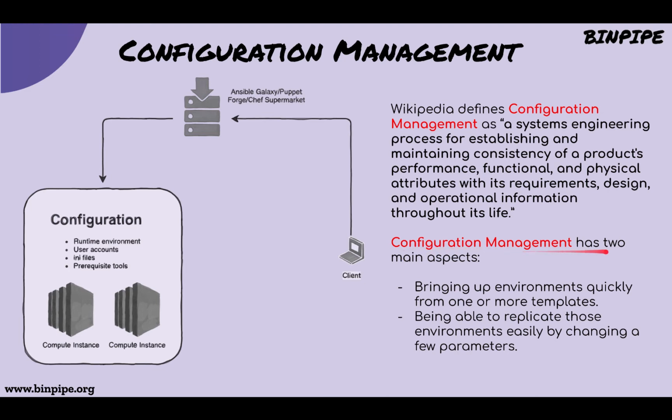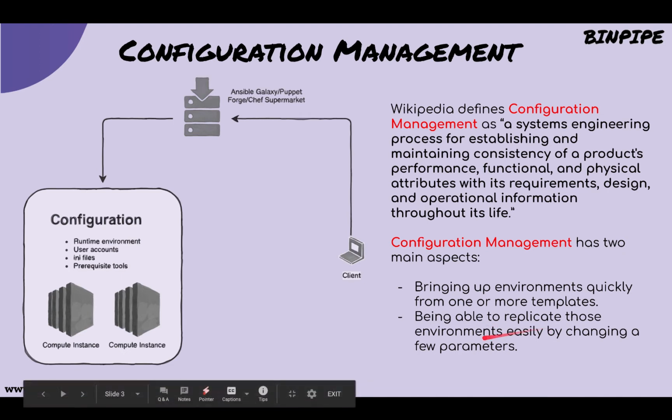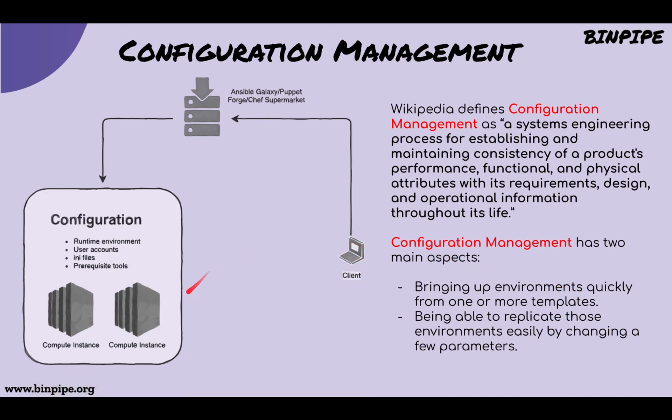Now configuration management has two main aspects. It helps to bring up the environments quickly from one or more templates. It helps to replicate the environments easily by changing a few parameters. So let me again simplify these two points. As I said, it allows you to rapidly apply the changes across multiple servers.